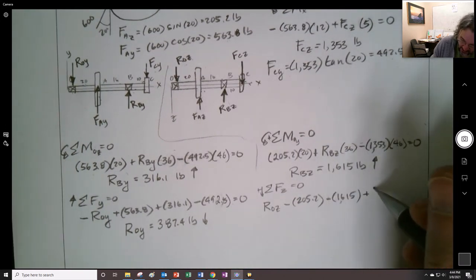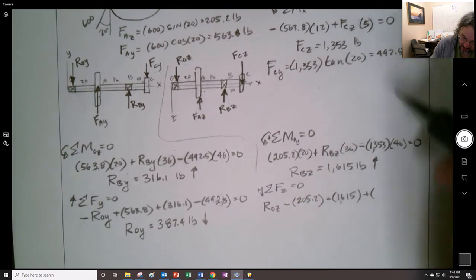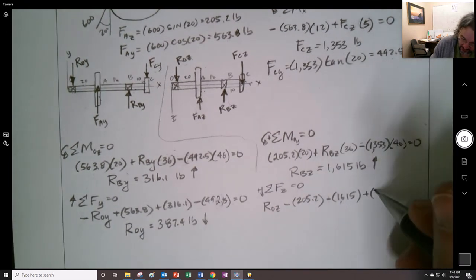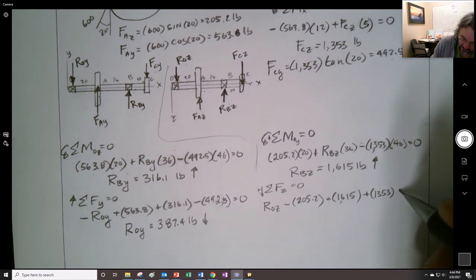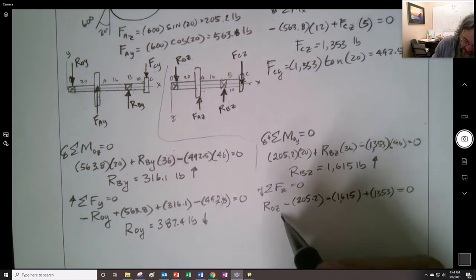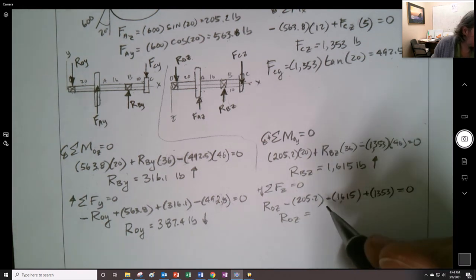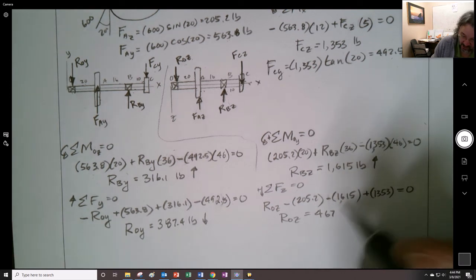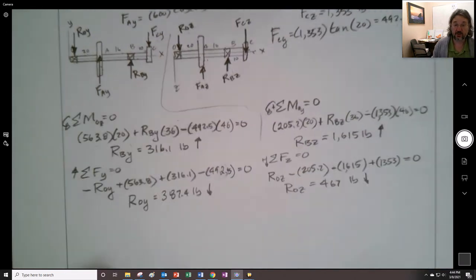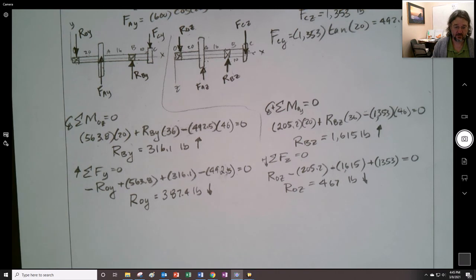And then we're going in the positive direction with our big load of 1,353, and that's going to be equal to 0. And we find that our ROS right here is now going to be 467, and we should have had some change, but I guess I didn't round off on there. So anyway, that goes down. We end up with a positive number, so we know that our assumption was correct right here.